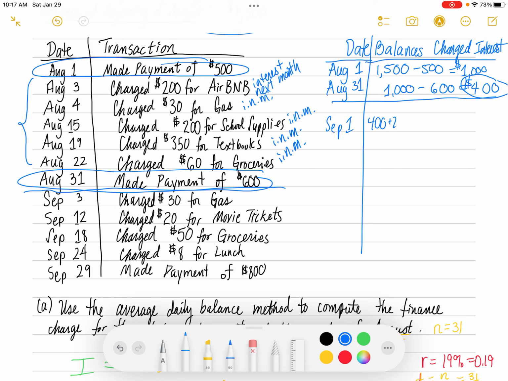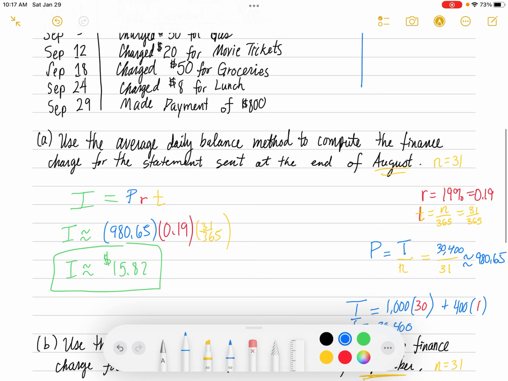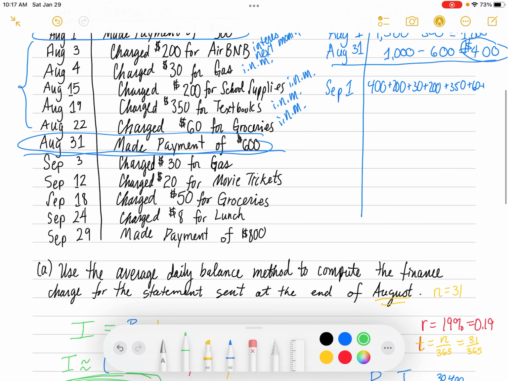So we're going to add $200 for Airbnb, $30 for gas, $200 for school supplies, $350 for textbooks, $60 for groceries. And there's one more thing we have to include. We have to also include this interest that accrued on our account from August. So we have to add $15.82. So don't forget about the interest, $15.82.